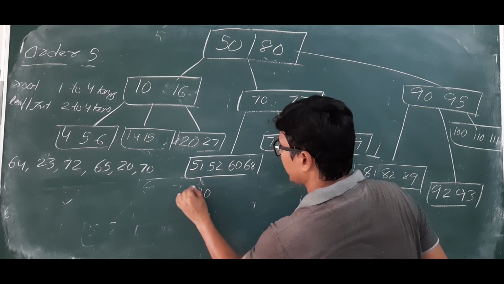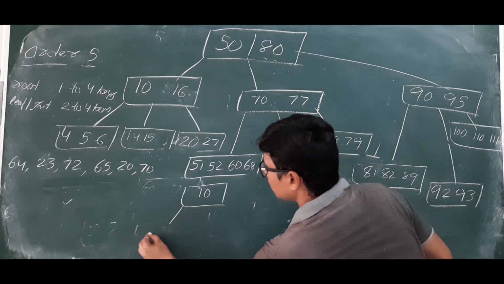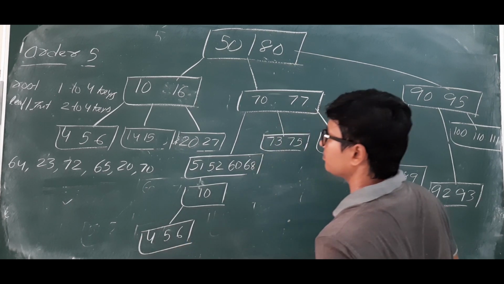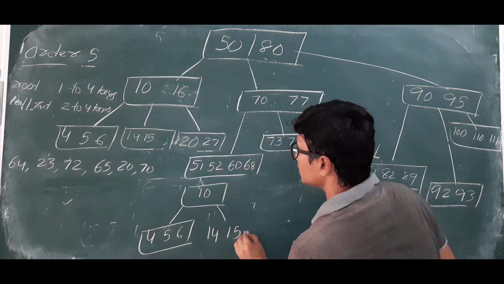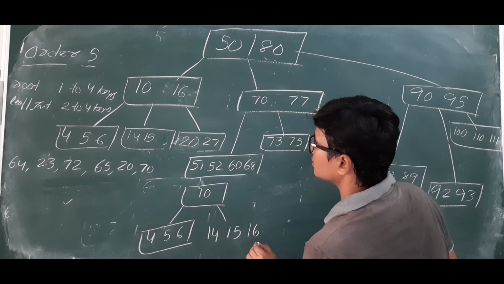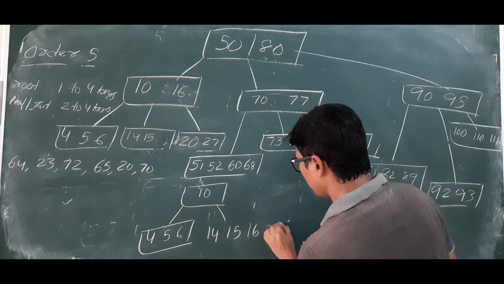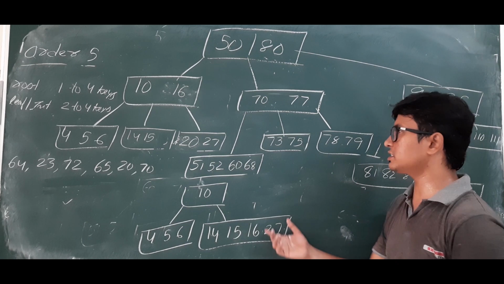You will have 10. Okay, 10 will come here, and 4, 5, 6 will come to the left of the 10, and 14, 15, 16. 20 you have to delete anyway, so you will delete 20, and you will have 27. Is a node with 4 elements allowed?